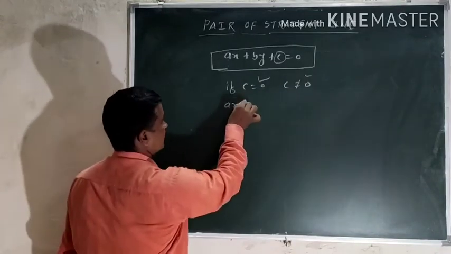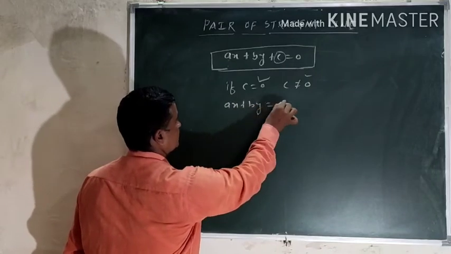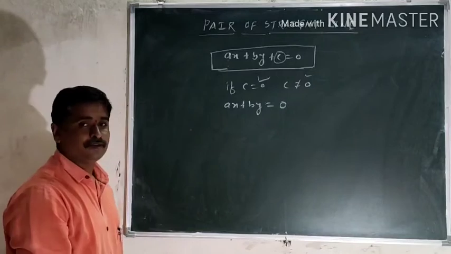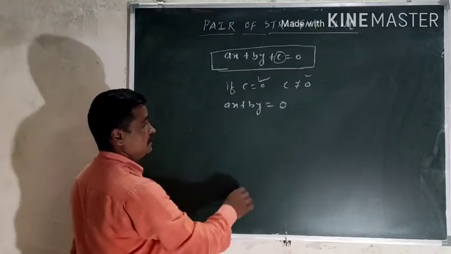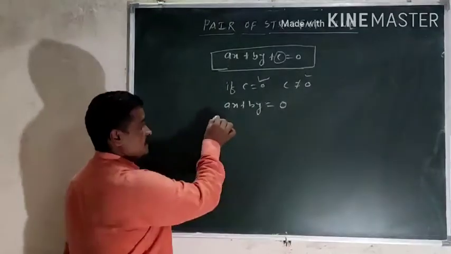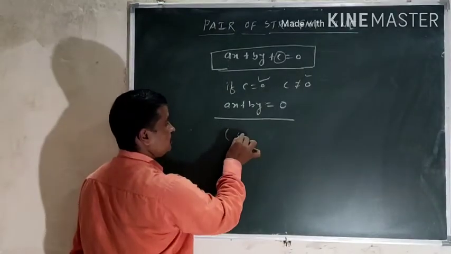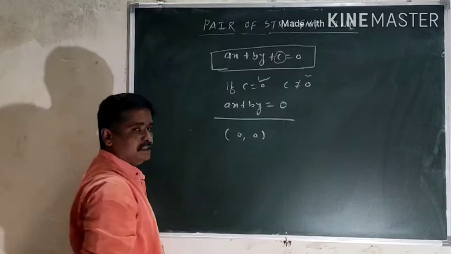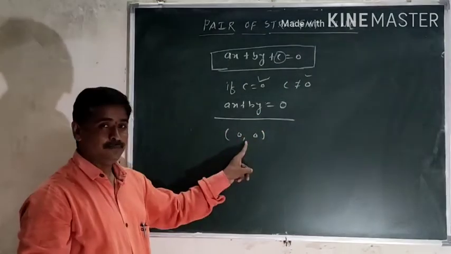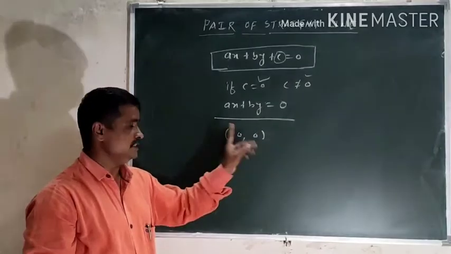That means if c equals 0, we can write it as ax plus by equals 0. This line contains at least one point which has coordinates (0, 0).